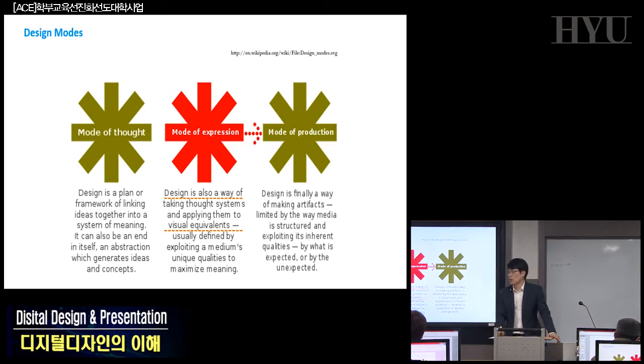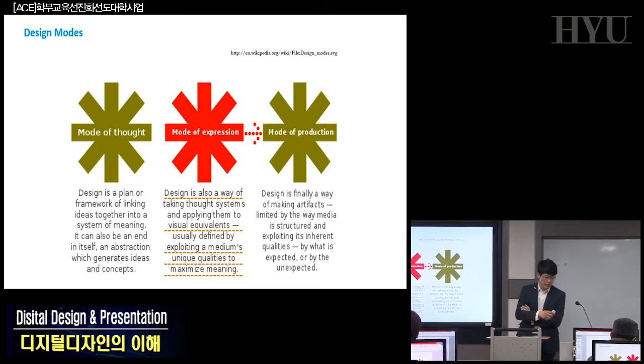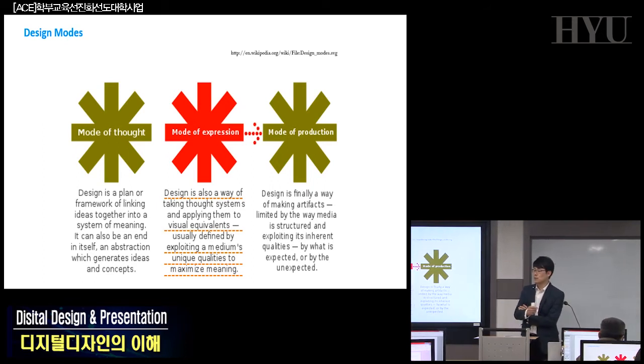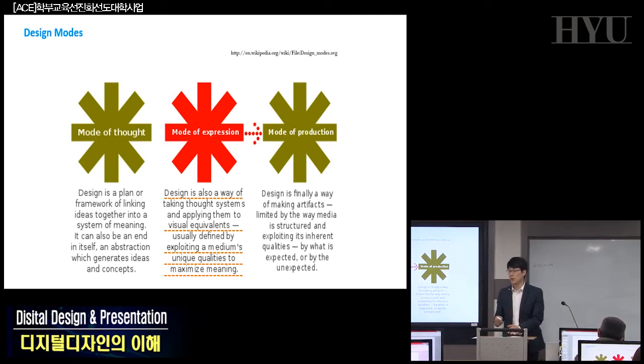That could be an AutoCAD plan, a 3D Studio Max rendering, or a SketchUp model, okay? Exploiting a medium's unique quality to maximize meaning. Maximize meaning means maximize its capability, maximize its quality. If you are very, very good at hand drawing, you can draw something by your hand and present it using your hand drawing sketch.